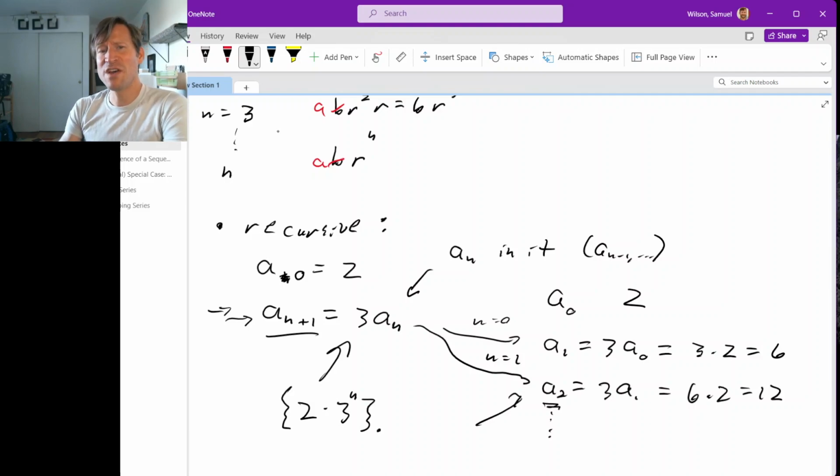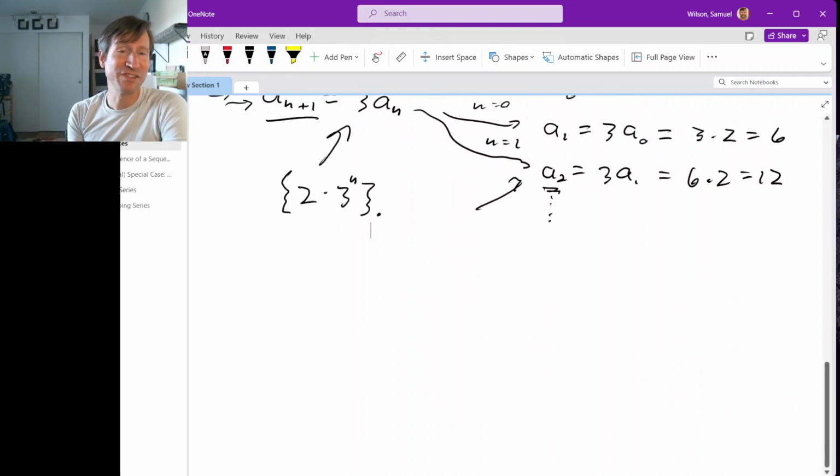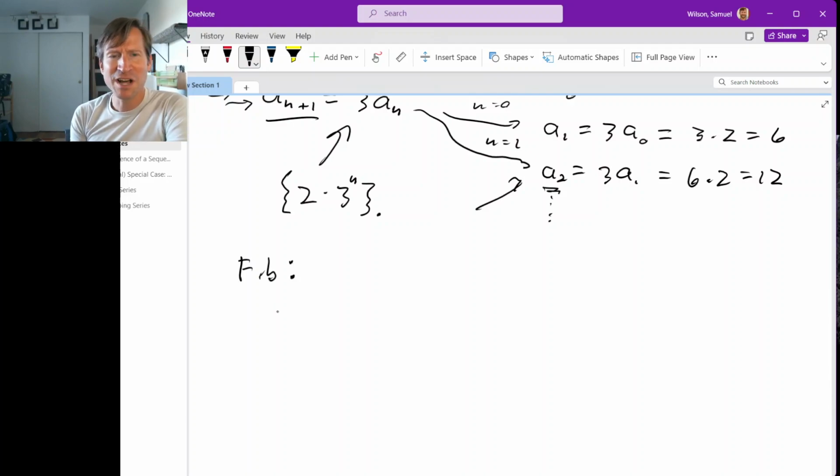Maybe the most famous recursively defined sequence is the Fibonacci sequence. I don't remember exactly how many B's and I's and C's there are in Fibonacci, but the Fibonacci sequence, usually it's called F. The 0th term is 1. The first term is also 1.